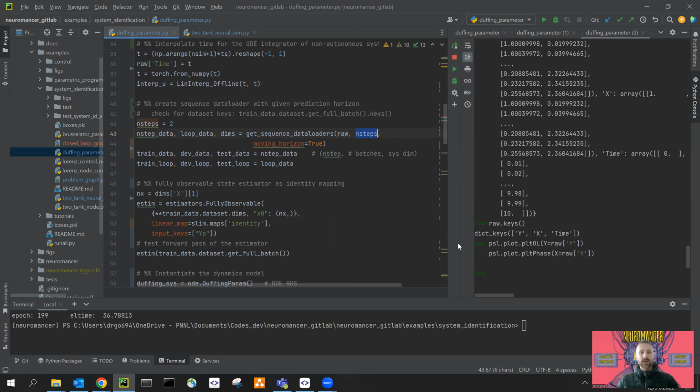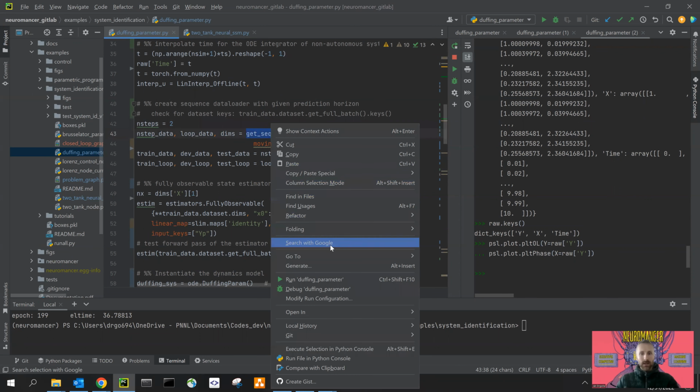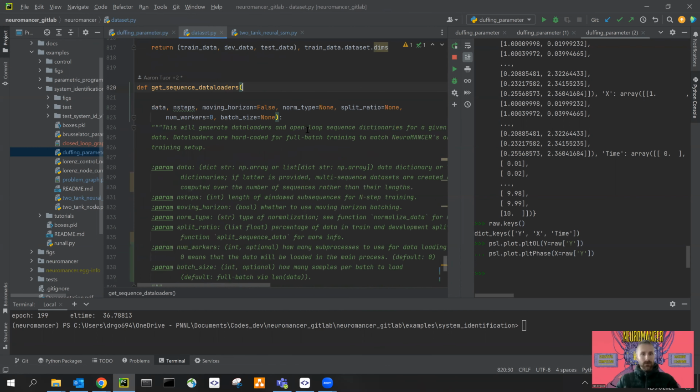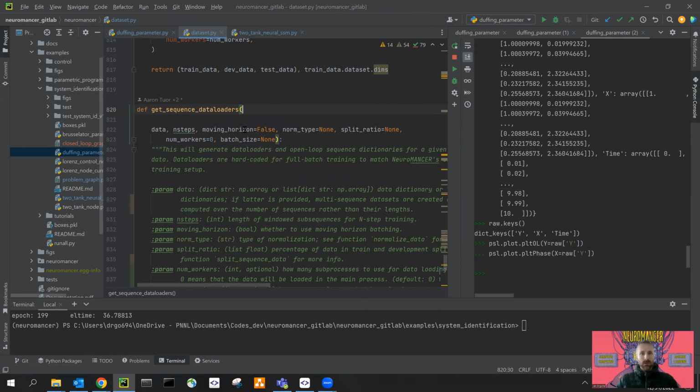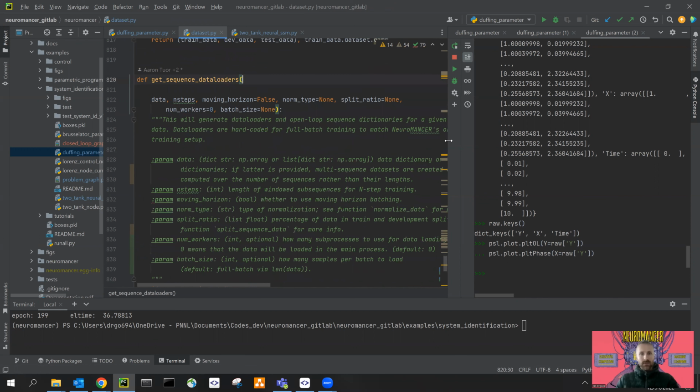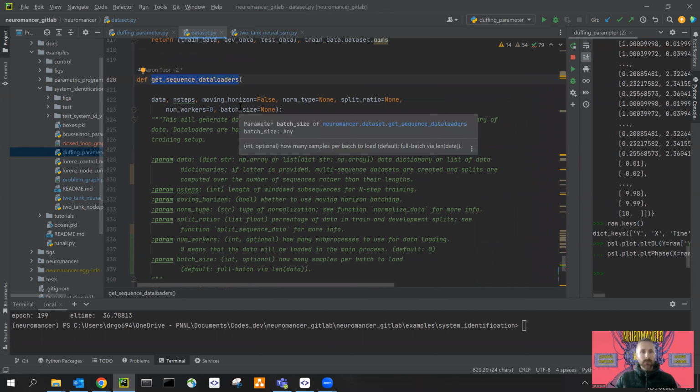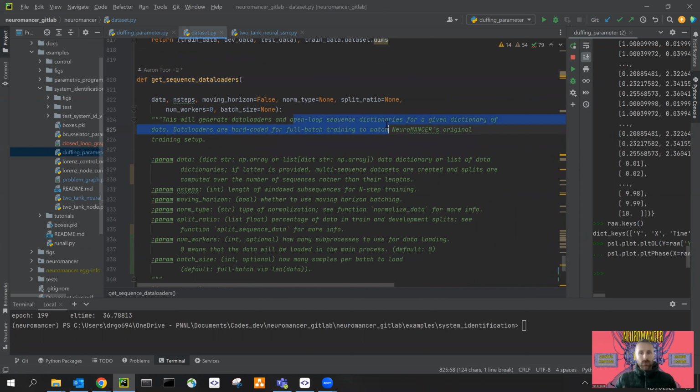And we provide the desired number of time steps we want to create chunks of the data set over, these n steps. So we go to the declaration on usage of this helper function that creates these PyTorch data loaders as open loop sequence dictionaries.